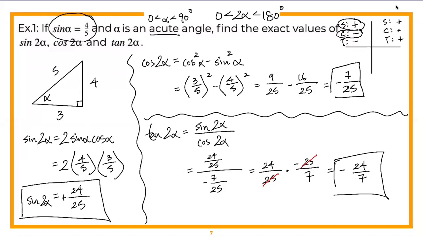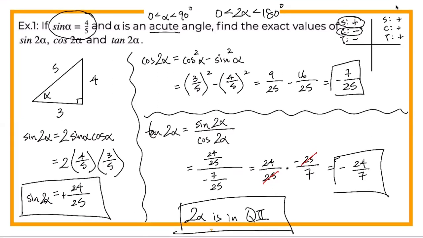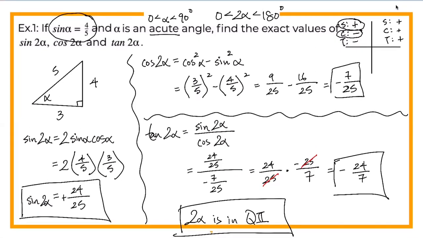Because it's a negative, not a positive. Yeah, because the cosine is negative, the tangent is negative, only the sine is positive. So that means that 2 alpha is in quadrant 2. Okay? All right. So are there any questions on this first example right here?